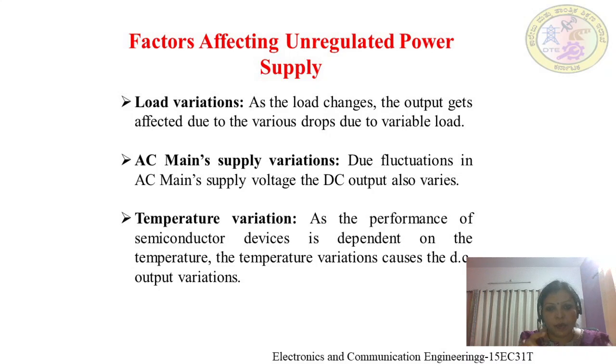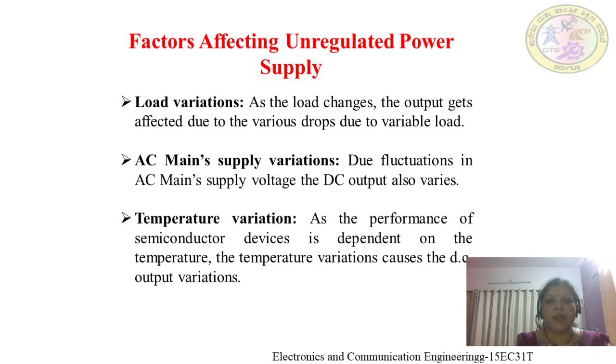The DC power source has to supply a constant DC voltage irrespective of the load current increase. When the load draws more current, the DC output delivered to the load should not decrease or increase. But due to the increase in load current, there is a decrease in the DC output energy supplied to the load.